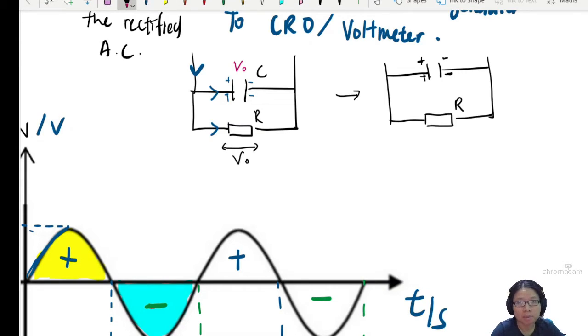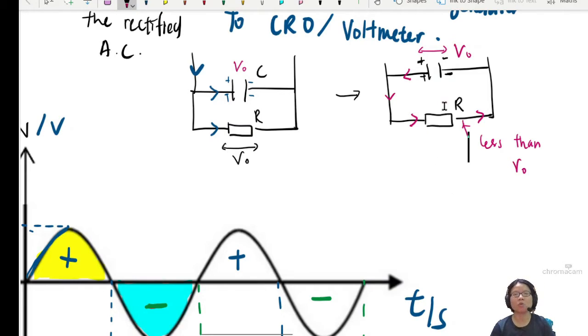Because remember, this is V naught, and this one here is less than V naught. So the capacitor is like, hey resistor, what happened to you? Why did your current drop? Here, take mine. The resistor will still drop because the capacitor will not be able to maintain V naught, but the current will flow back.